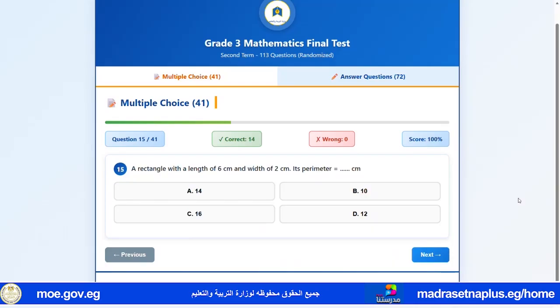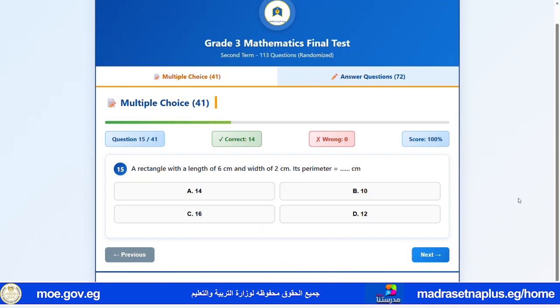A rectangle with length 6 centimeters and width 2 centimeters. We got these solutions many times before. If you have a rectangle, the 2 dimensions are 6 and 2. How to get area? How to get perimeter? Perimeter equals 6 and 2 and 6 and 2, or 2 times 6 plus 2 times 2, or 2 times the sum of 6 and 2.